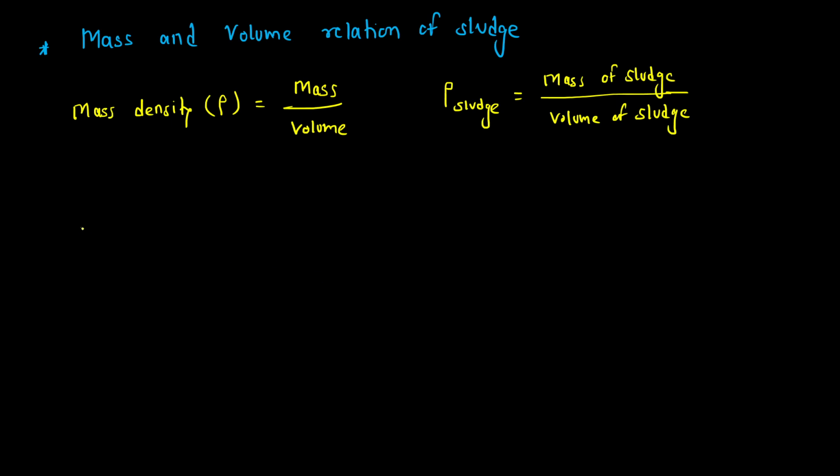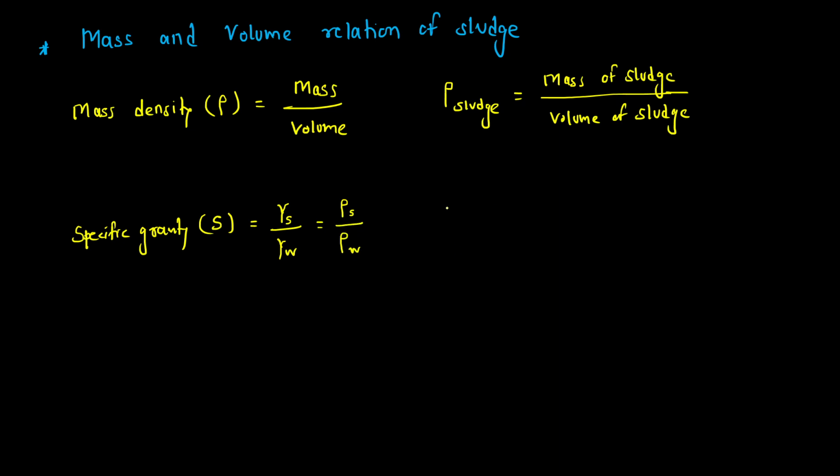Then the next formula is specific gravity, which is denoted by S. Specific gravity is defined as the unit weight of any substance divided by the unit weight of water. We can also write it as the density of any substance divided by the density of water.